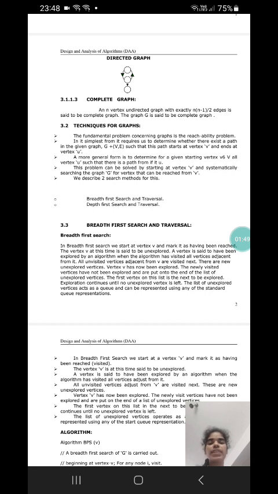In its simplest form, it requires us to determine whether there exists a path in the given graph G = (V, E), such that this path starts at vertex V and ends at vertex U. A more general form is to determine, for a given vertex V, all vertices U such that there is a path from V to U. This problem can be solved by starting at vertex V and systematically searching the graph G for vertices that can be reached from V. We describe two such methods: breadth first search and traversal, and depth first search and traversal. First, breadth first search and traversal.